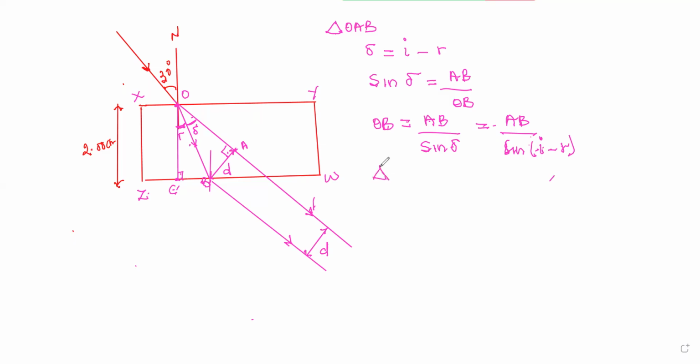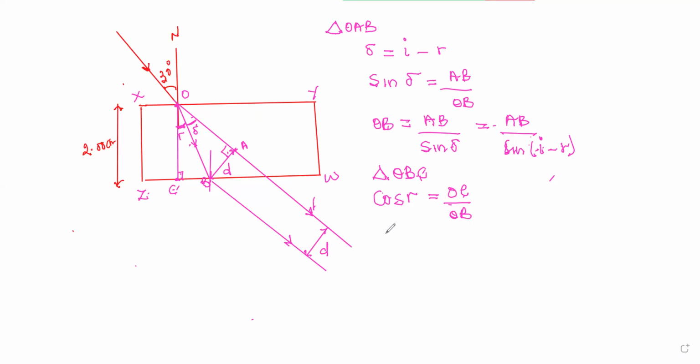Triangle OBC. This time we will take the cosine because we have the adjacent. So cos of R, we have the adjacent, we have the angle, and we are looking for the hypotenuse OB. Cos of R would be OC over OB.